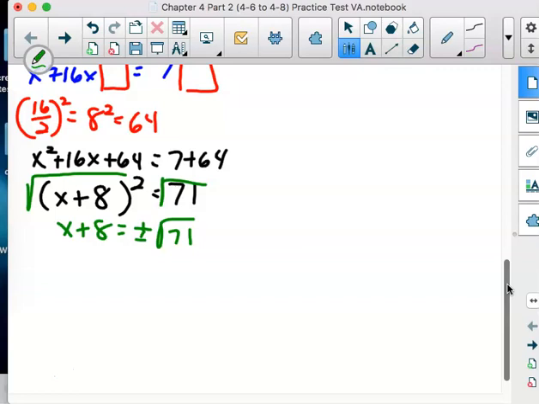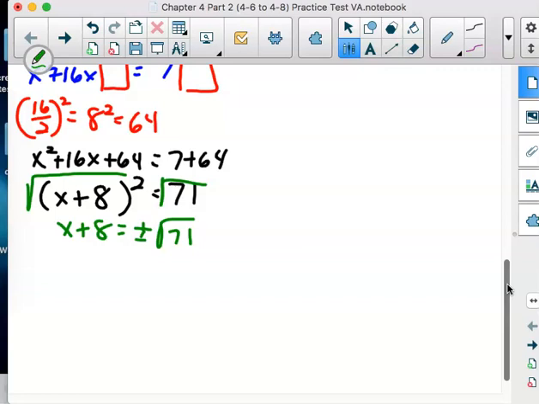You could try them if you're sitting there thinking, I don't know, I'd punch them in. 64 doesn't work. 49 doesn't work. 36, doesn't work. 25, wouldn't even bother checking, right?